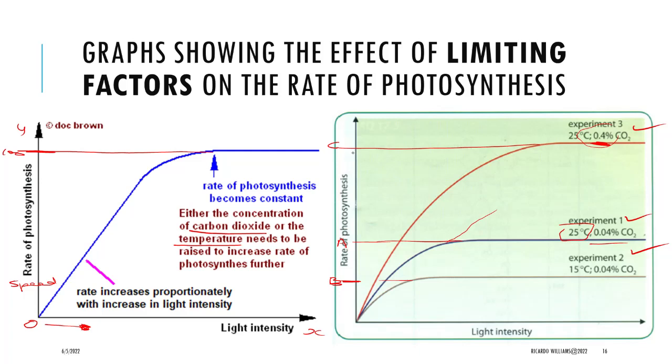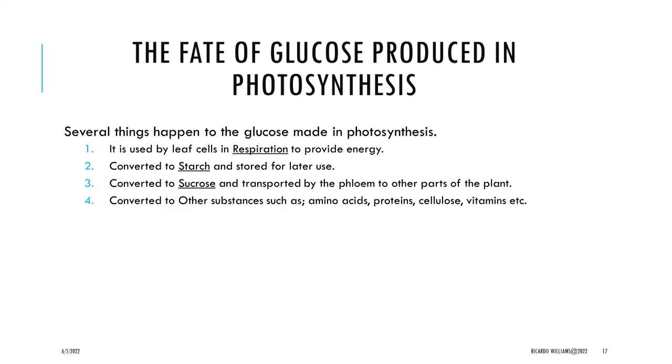That's why we have a higher rate. And if we increase carbon dioxide, then we expect that the rate would go higher as well. So that is how limiting factors affect the rate of photosynthesis.